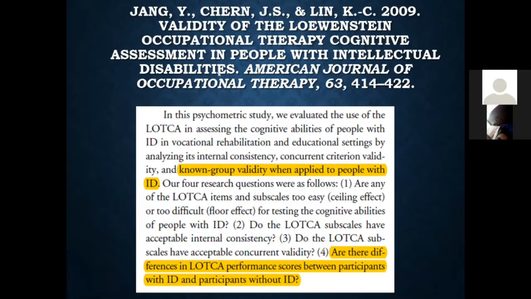So you would like to measure known group validity using participants with intellectual disability versus participants without intellectual disability. So how to do statistical tests? As simple as an independent t-test would do. If you would like to go further, you can do multi-group analysis of structural equation modeling. So very easy.